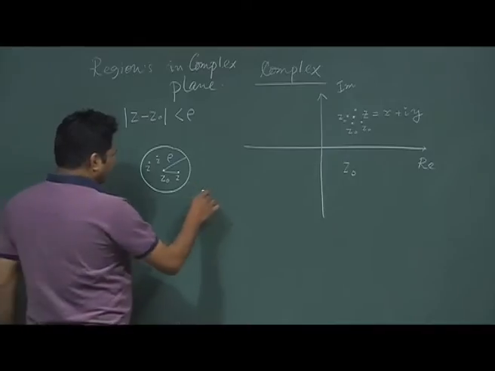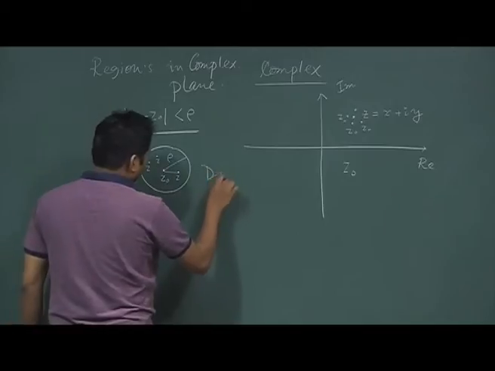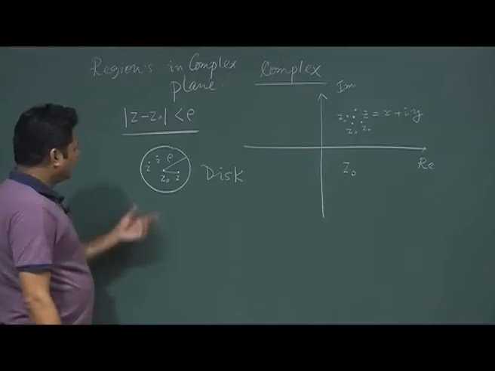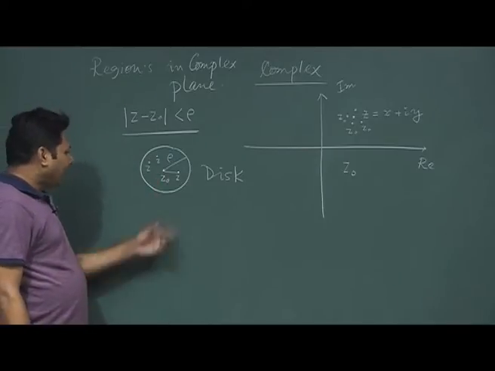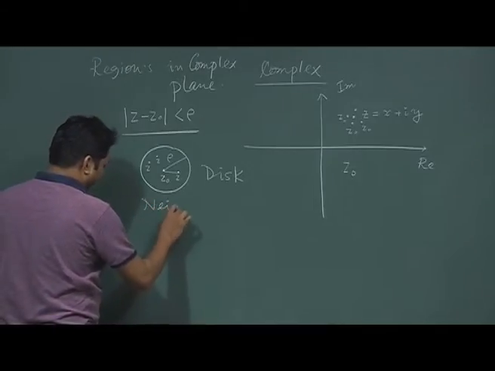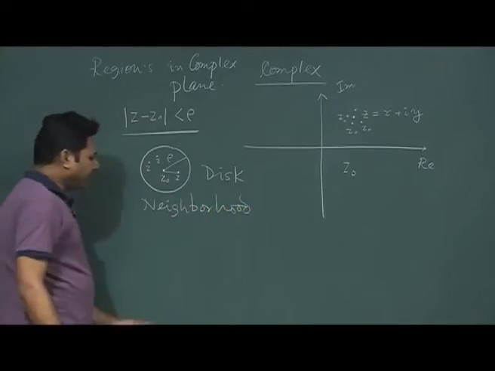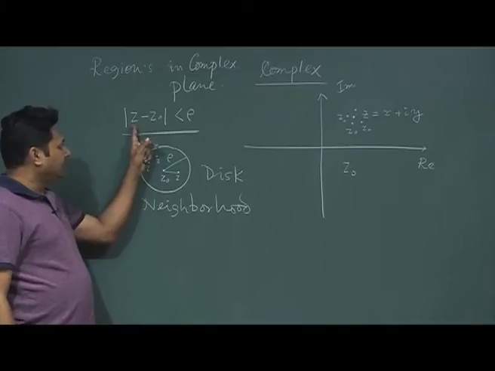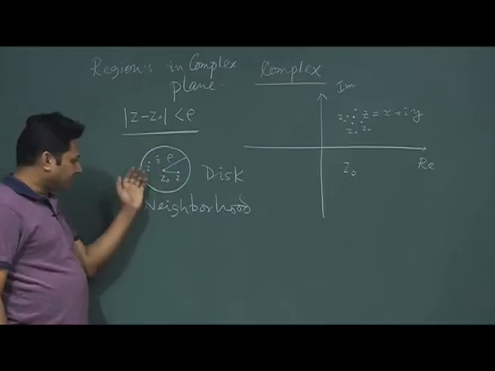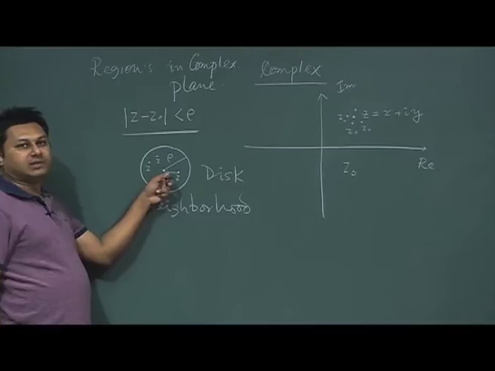We call this a disk, and these things are called a neighborhood. If I say my z point is close to z0 with this condition, we can say that all the points sitting inside this disk are the neighborhood of z0.